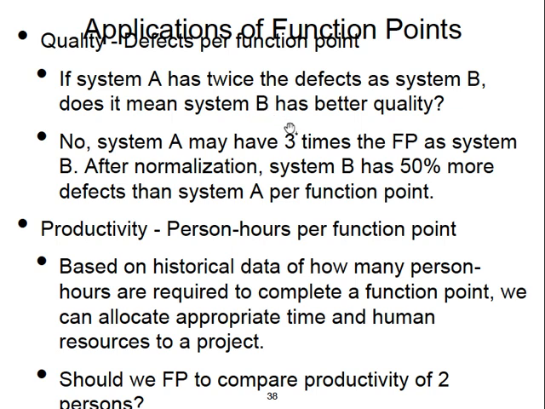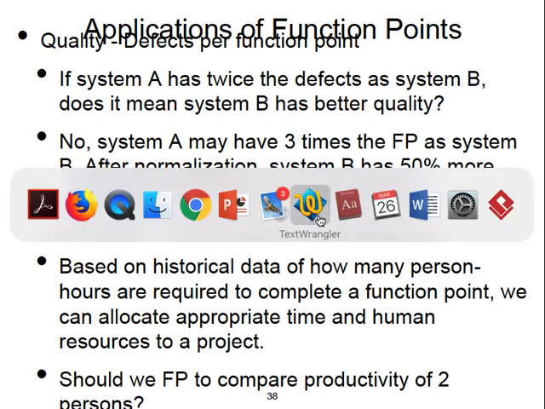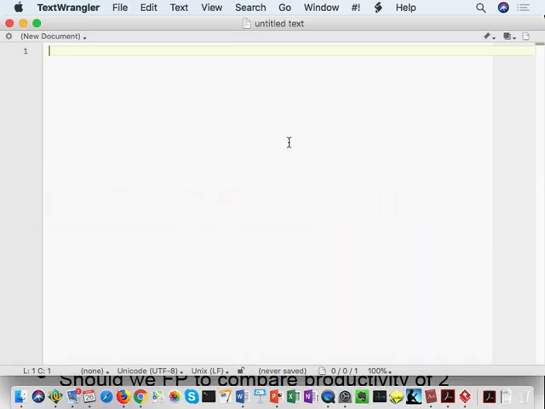So if we do some calculation, system A will have 100 defects over 3,000 function points.